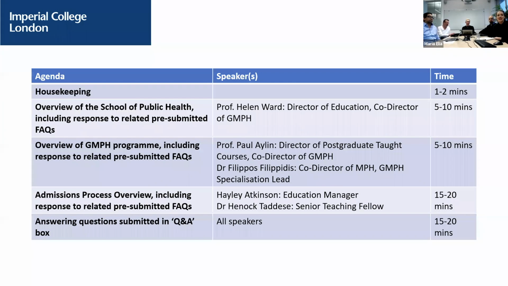And then Henok and myself will be talking to you about admissions, which is obviously a key part, so you know exactly how to apply, when to apply and exactly what you'll have to do. And at the end of that, we'll be looking to the panellists behind the scenes where you've been submitting your questions directly to them, and we'll be answering some questions which you've submitted. So let's get started. Over to Helen.